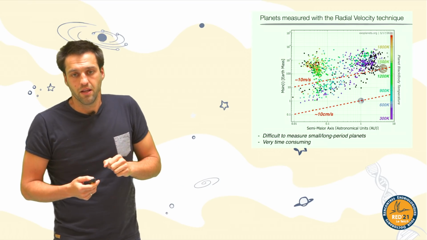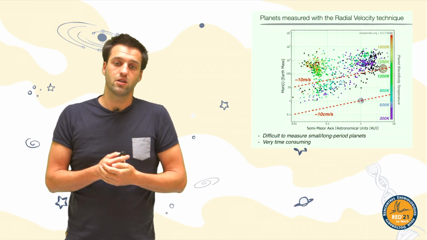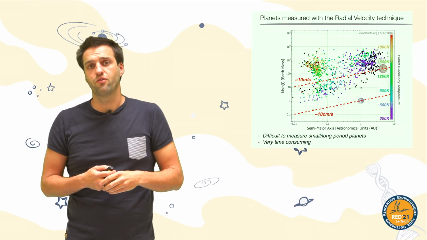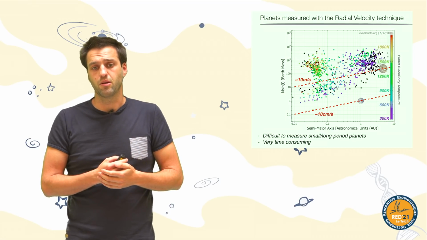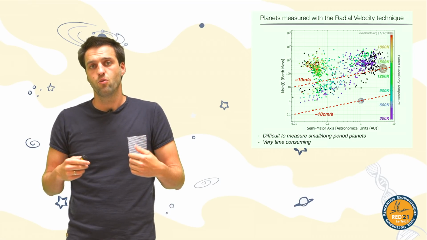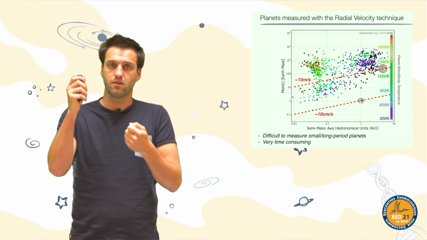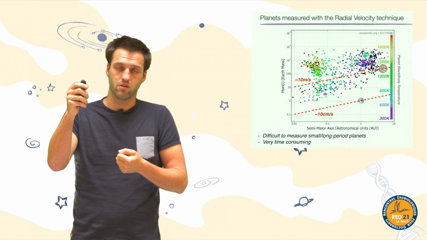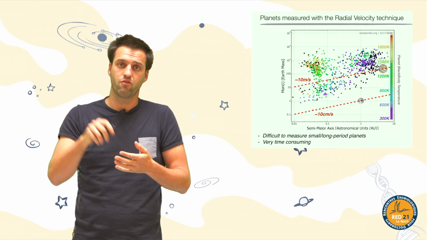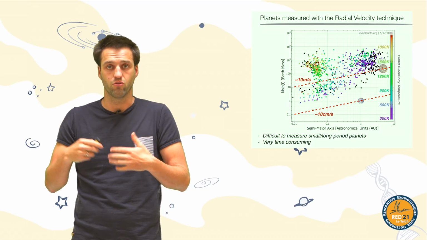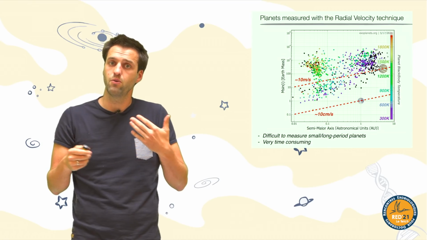The other problem with this technique, which still allowed us to discover 500 to 1,000 planets, is that it's very time-consuming, because even nowadays we still need to take spectra of stars at random to discover a planet, but we need to take the spectra for a long time, sometimes several years, without knowing whether there is a planet there.